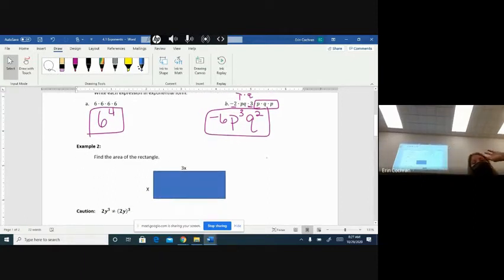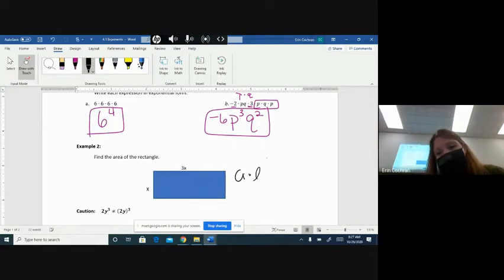Find the area of a rectangle. Can we do that? Yeah, we should be able to. Because how do we find the area of a rectangle? Length times width equals. So what is my length here? 3x, so 3 times x, times what is my width?